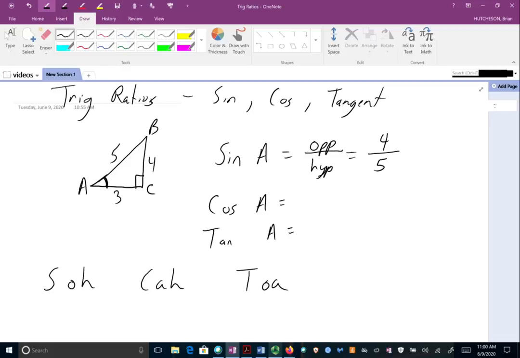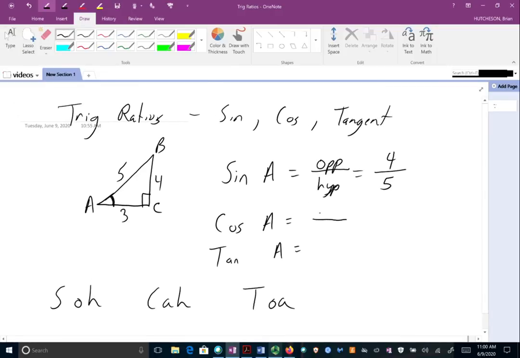It spit out a ratio. Cosine is adjacent over the hypotenuse. So the adjacent has to be my 3. 4 is opposite. 5 is hypotenuse. Well, 3 has to be my adjacent. So my hypotenuse is a 5.